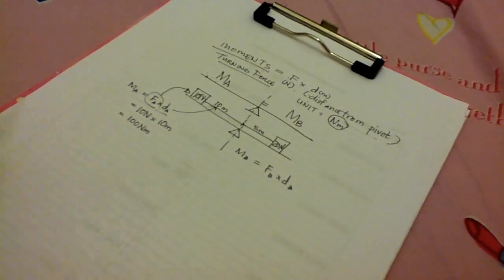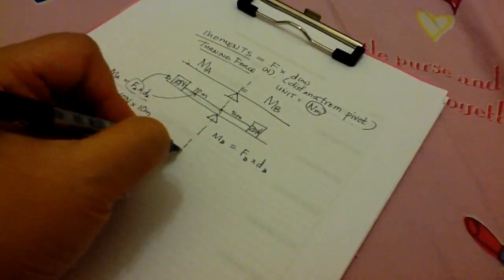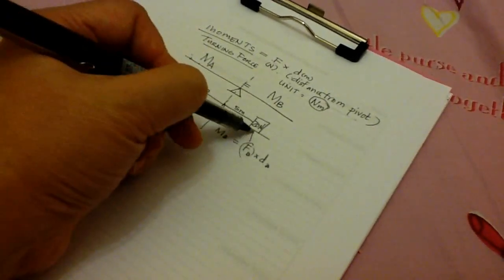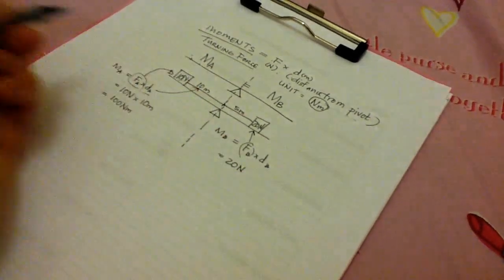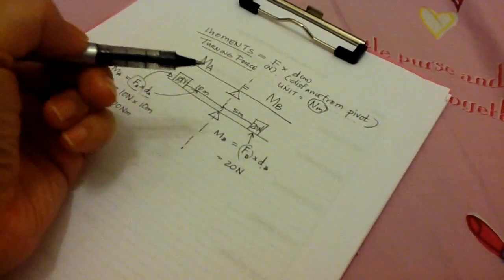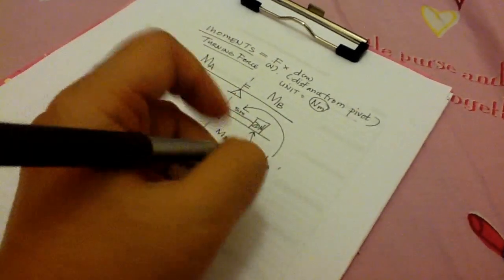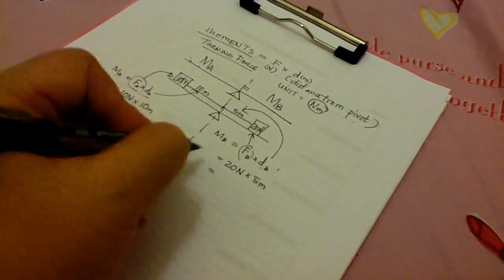Now, let's compute for the moments of side B. Do we know the force of side B? Yes. It's 20 newtons. Do we know the distance from the pivot? Yes. It's 5 meters. So just multiply.